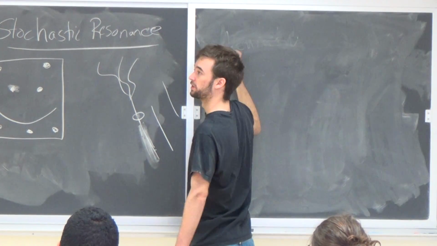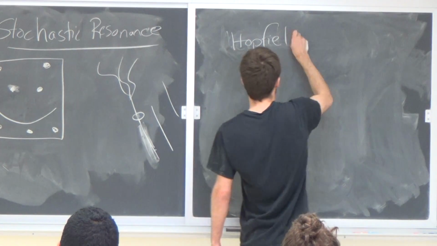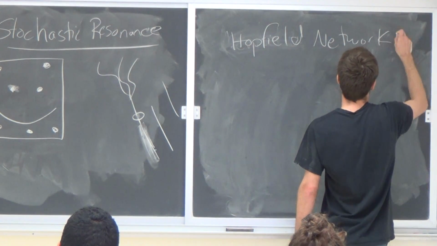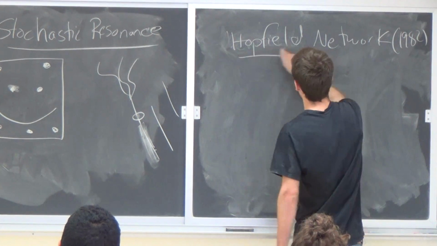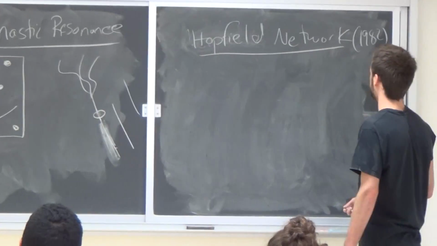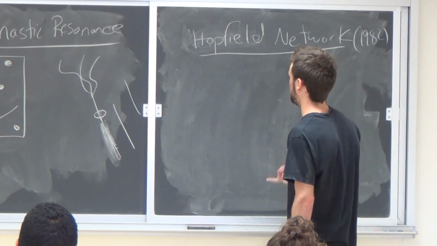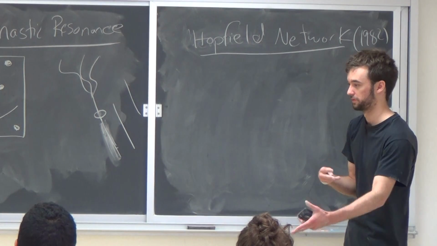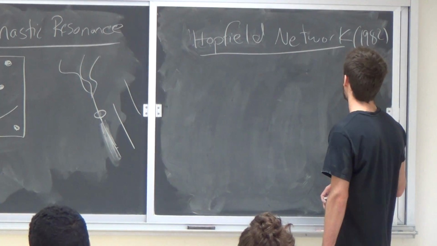We're going to talk about the Hopfield network. It was published in 1982, so it's fairly recent as science goes. It was developed by J.J. Hopfield, a physicist who turned into more of a neuroscientist and biologist.